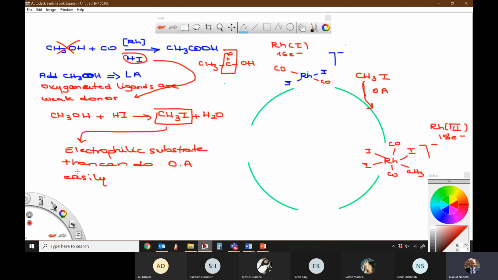The question now, do we have migratory insertion? Yes. This is R minus that can attack the CO. So we obtain rhodium.